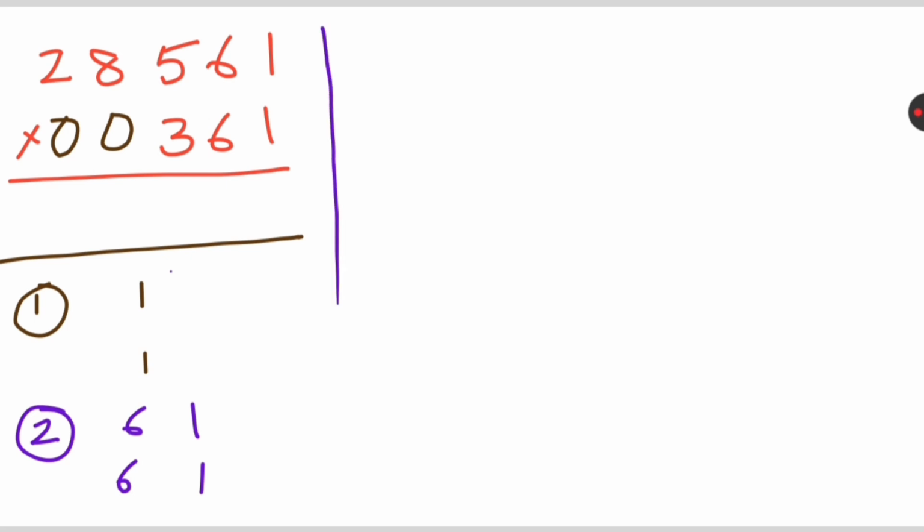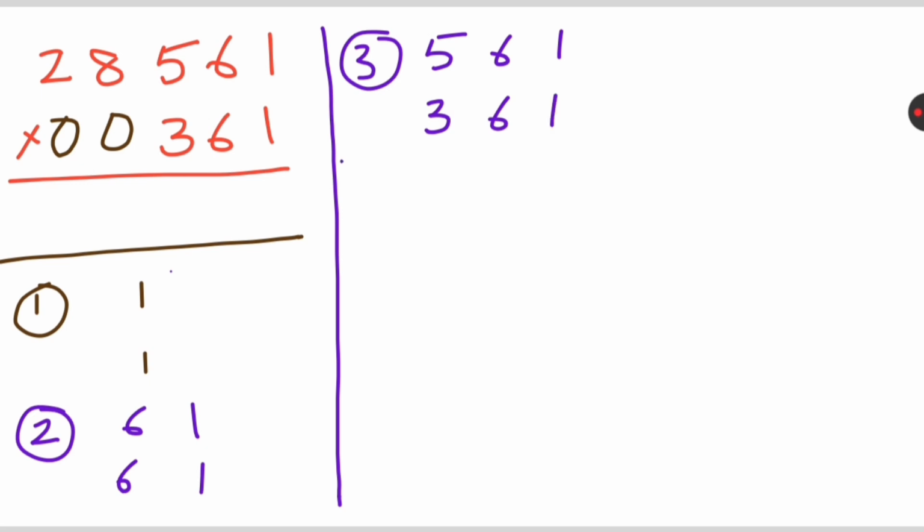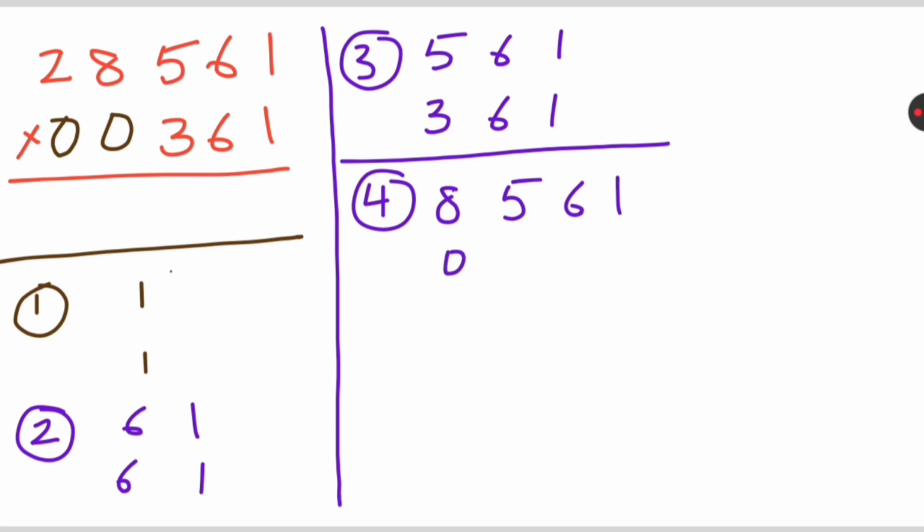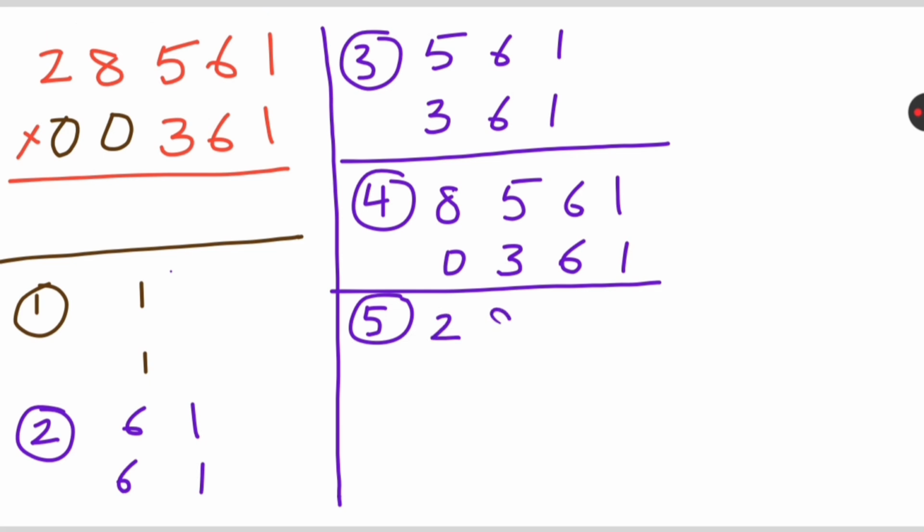Then you have to take 3 numbers, which is 5 6 1 3 6 1. The fourth step is you have to take 4 numbers, 8 5 6 1 0 3 6 1. The fifth step is you need to take 5 numbers, 2 8 5 6 1 0 0 3 6 1.